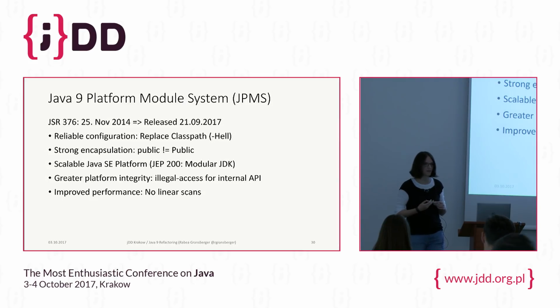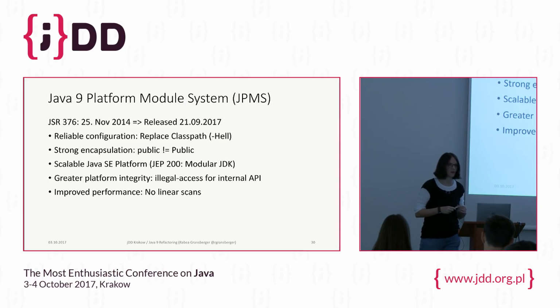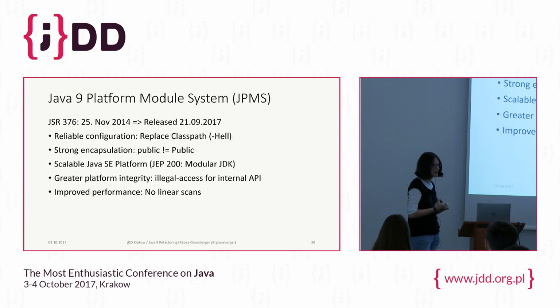What we can do is call a package internal and hope nobody will access any classes in this package because it's internal, but it didn't work out really well, right? People were already using the Sun classes and the Sun packages, which should not be used. So with the platform module system, we want to make this different.